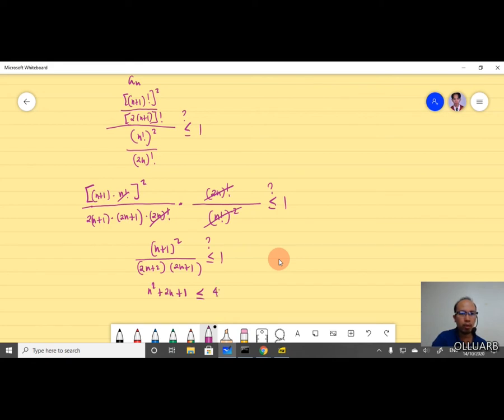We have 4n squared, the numerator is 4n plus 2n is 6n plus 2. And then we will transfer the left side to the right side. We have 3n squared plus 4n plus 1. Okay, so we are almost done.